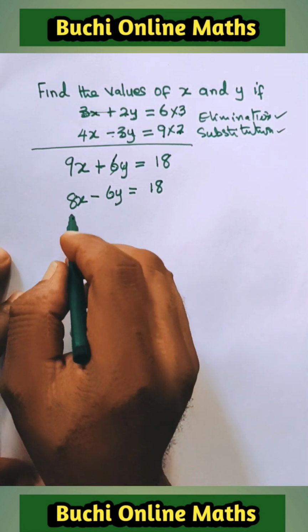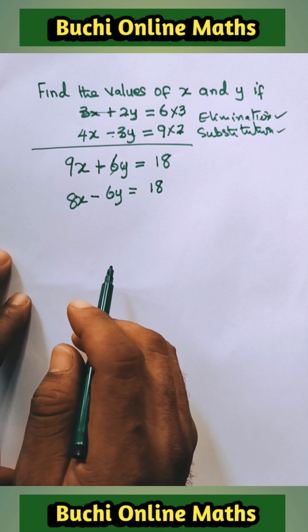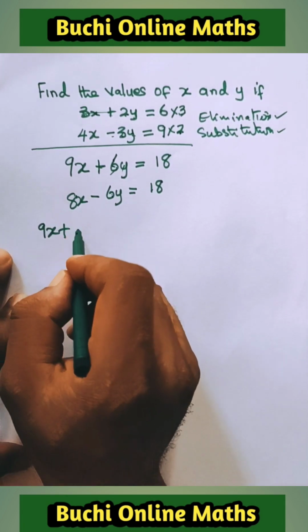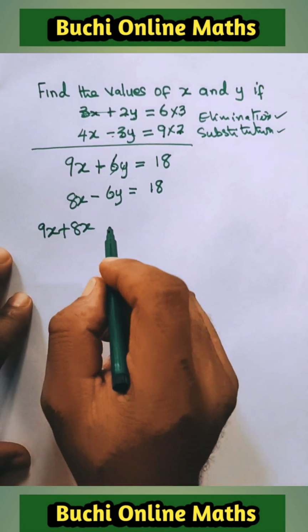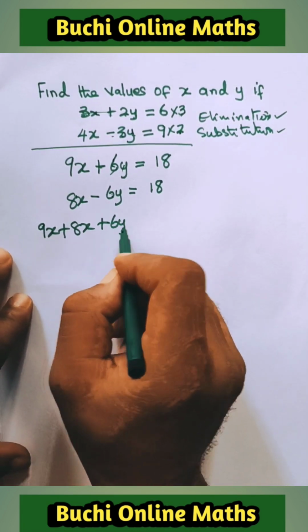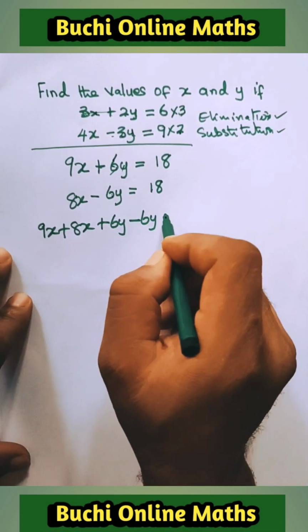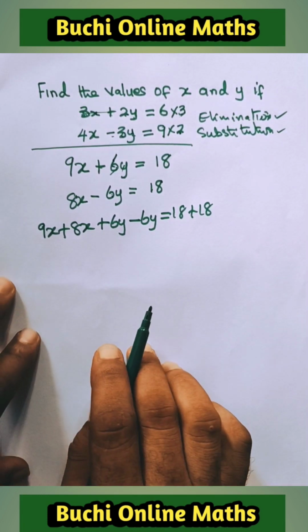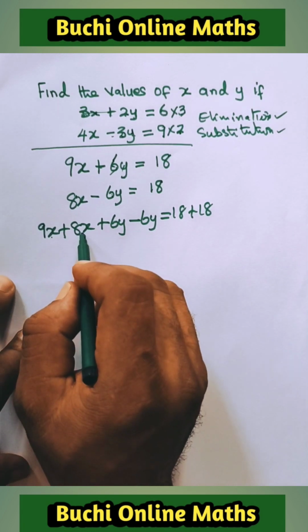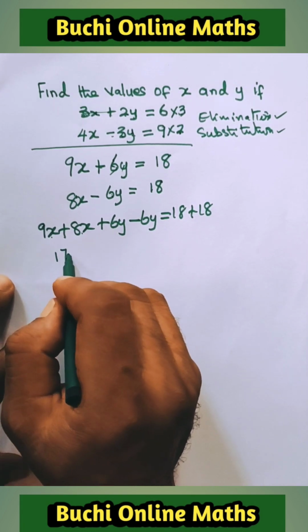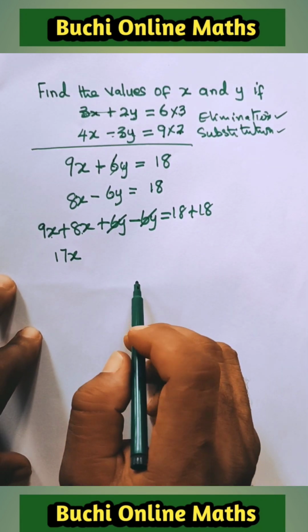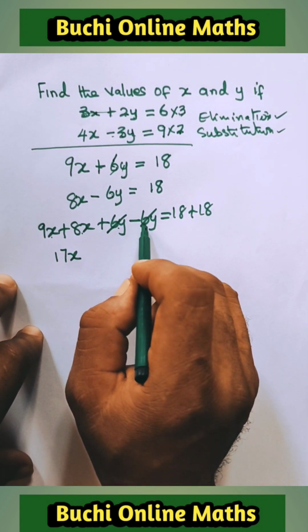Now what we are going to do is to add up these two equations together, and this will give us 9x plus 8x, then plus 6y minus 6y equals 18 plus 18. 9x plus 8x will simply give us 17x. This and this will give us 0 because 6 minus 6 is 0.